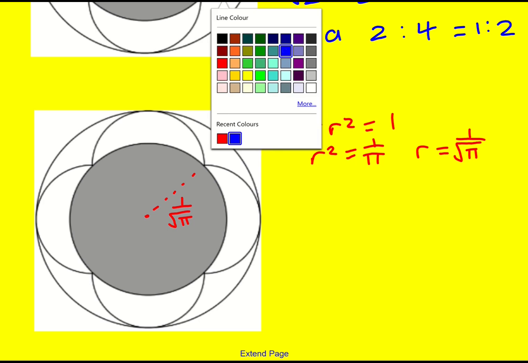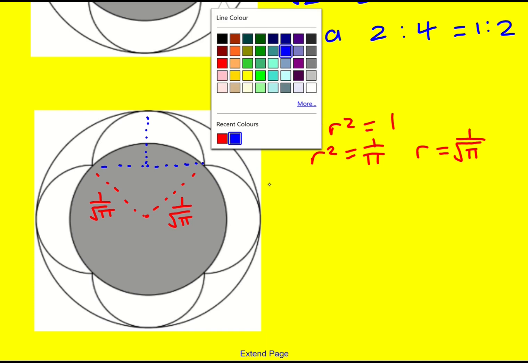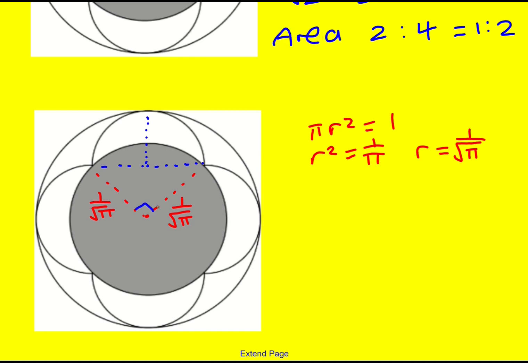Right, now I introduce the radius of the semicircle. So these two here. And going across is going to be 2 lots of the radius, and I can connect this up as 1 over root pi as well. Now that is useful because I've got my 45-degree isosceles triangle, so I can work out the diameter.